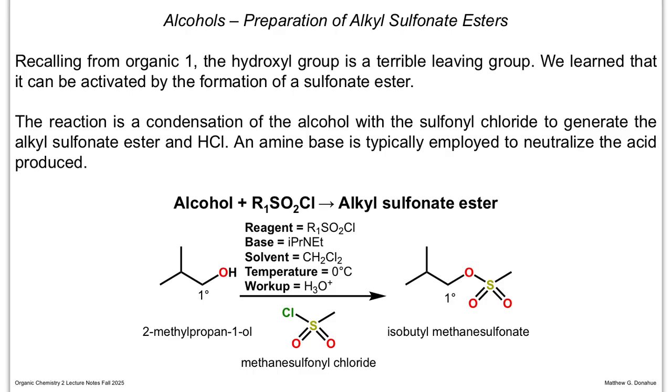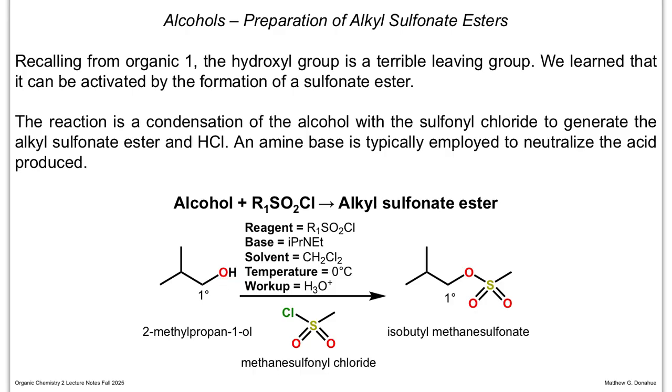So finally, the last of these sort of activations. For what we've seen so far in oxidation reactions and then the chlorine and bromine reactions, we can never just displace OH.